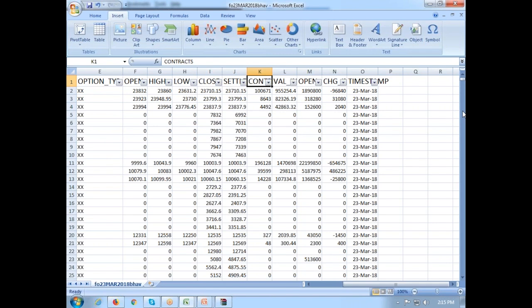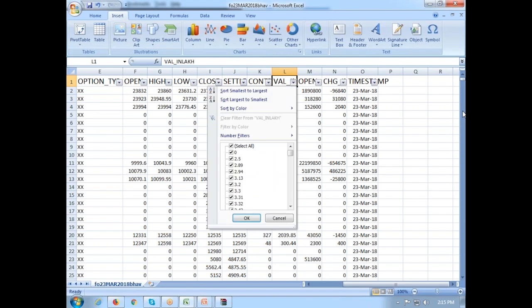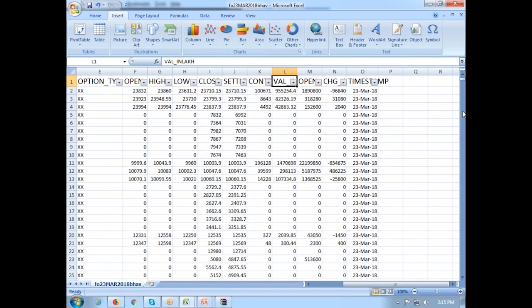If you want to find the number of shares, you have to multiply this with the lot size. This is value in lakhs, the total value of business that has gone through in the total transactions that have happened. This is called open interest, and the second one is change in open interest. We will wait for some more time to understand this. And this is the timestamp for the day, for the 23rd of March.